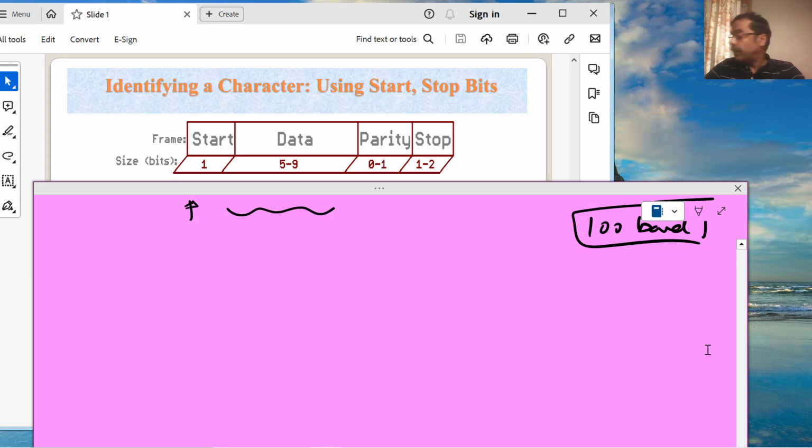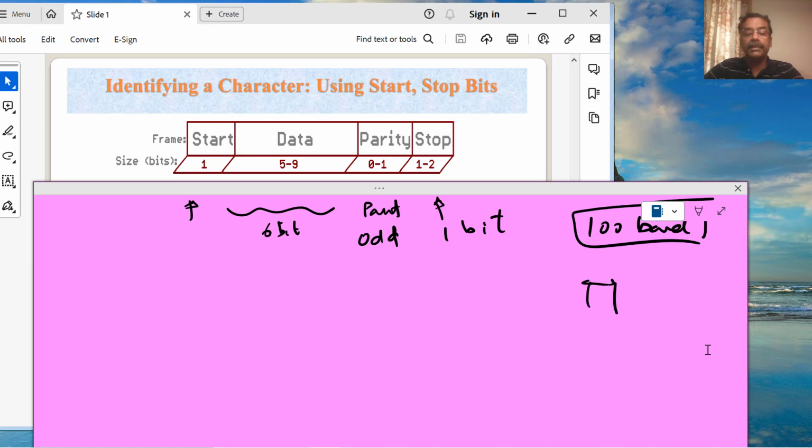Here let me say that it is configured as 6-bit data, and I'll say that odd parity is chosen, and the stop bit is 1 bit. I have not mentioned anything about the duration, so you can assume some fixed pattern. If the baud rate is not mentioned, you can assume some fixed duration and then try it.